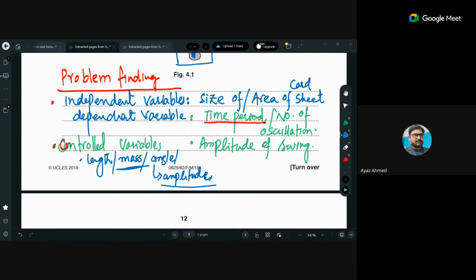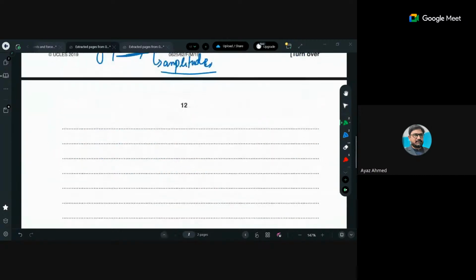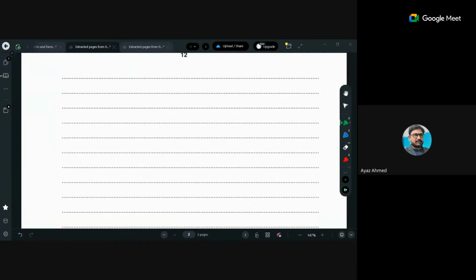Are you getting it? Yes, sir. One more variable came into my mind: instead of writing time period, just write time to stop. Is this all clear? Being a student, you can think in this way. So these are two or three points, and they would be very clear. You people will get 2 marks.